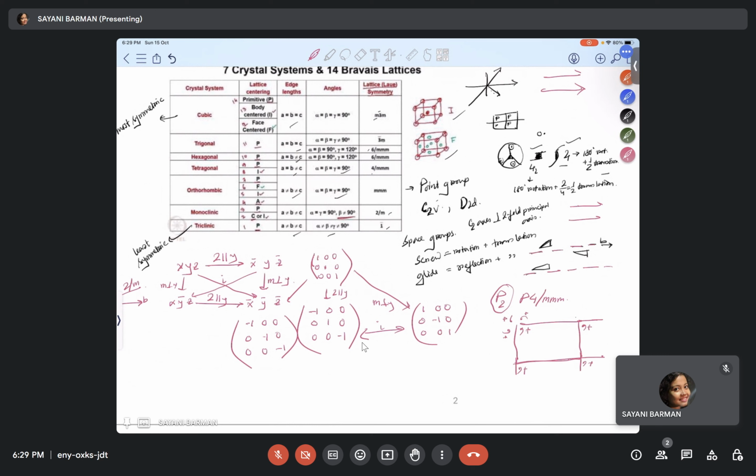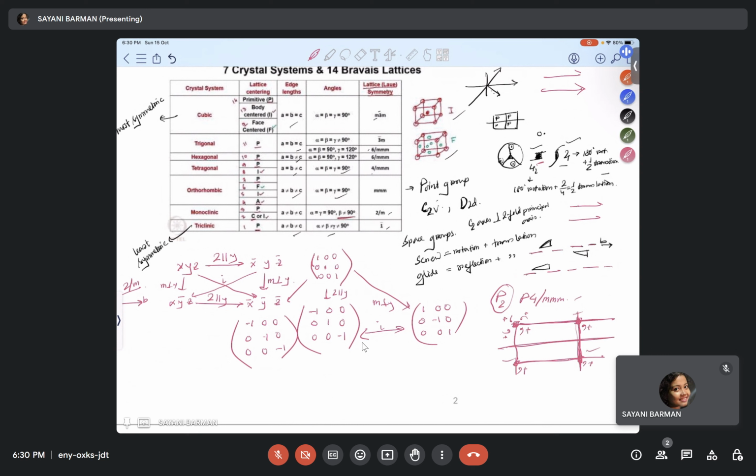Like that in the four corners it will happen. From here you can say a fourfold, noted as this. Then you'll see that one mirror plane, and this one mirror plane will be getting generated. That's how we'll get this kind of space groups.